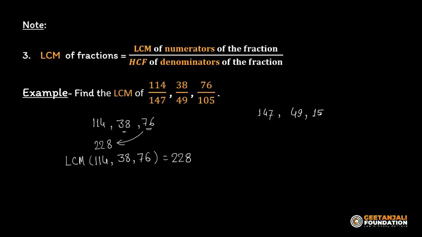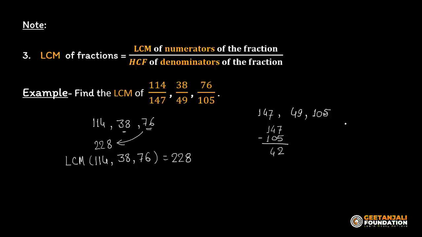I had explained the shortcut method in my HCF video. You can go to it, because I'm going to solve this by the shortcut method. First I will find the differences of these. The smallest difference will be between 147 and 105: 147 minus 105 gives us 42.